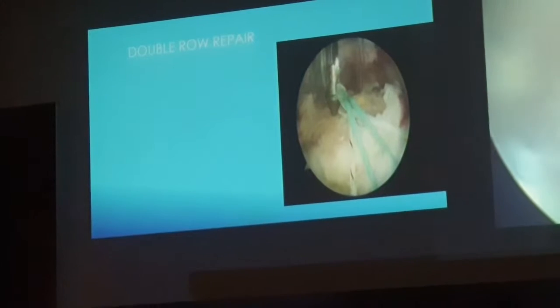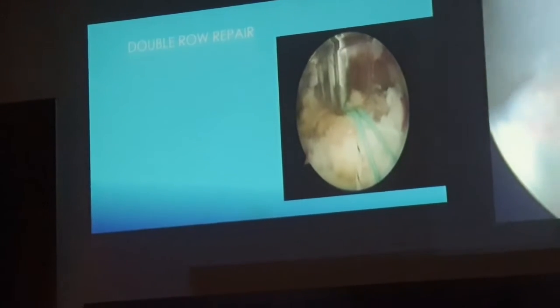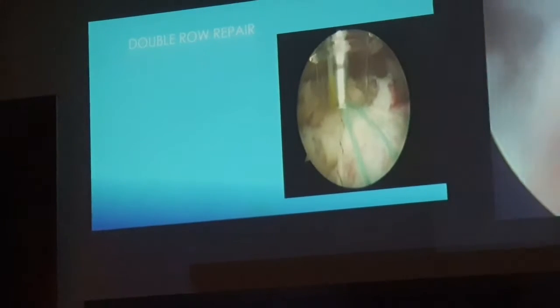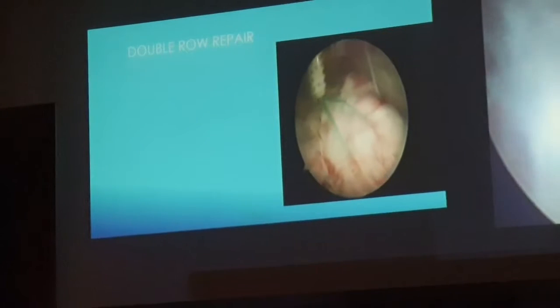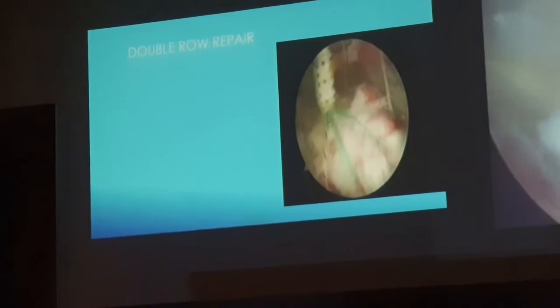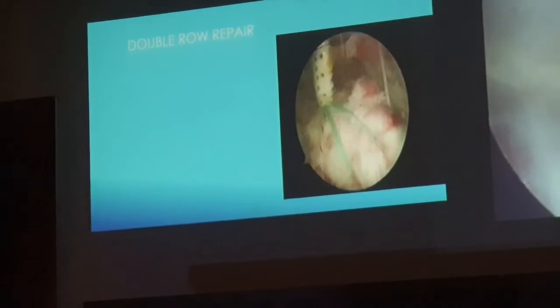This is very important. Once you have done your medial repair, you take the free ends of all the sutures and complete your double row cuff repair. So what you are doing is having multiple points of fixation medially and laterally, and you are doing a higher footprint restoration. So that's a double row cuff repair.